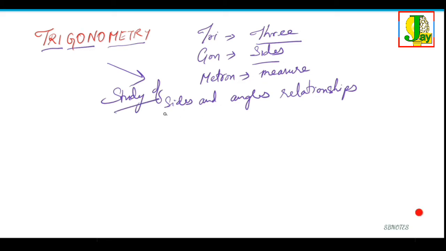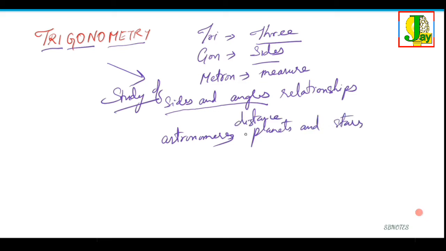These ratios of the relationships between the sides and the angles were used by earlier astronomers to find the distance between planets and stars from the Earth.